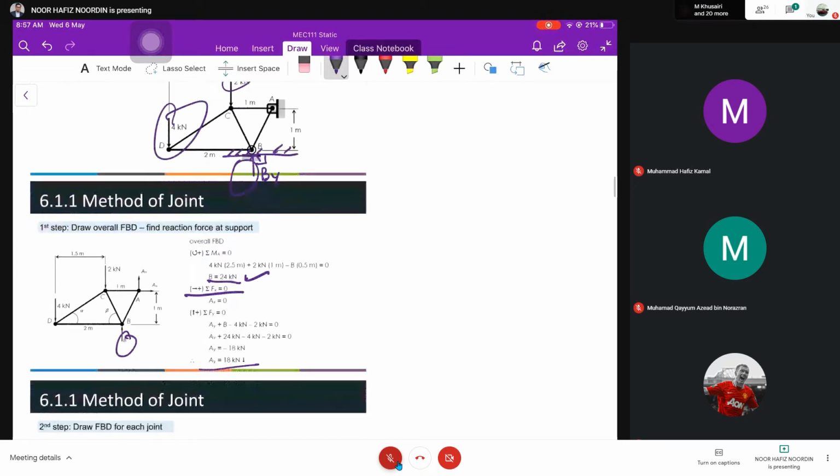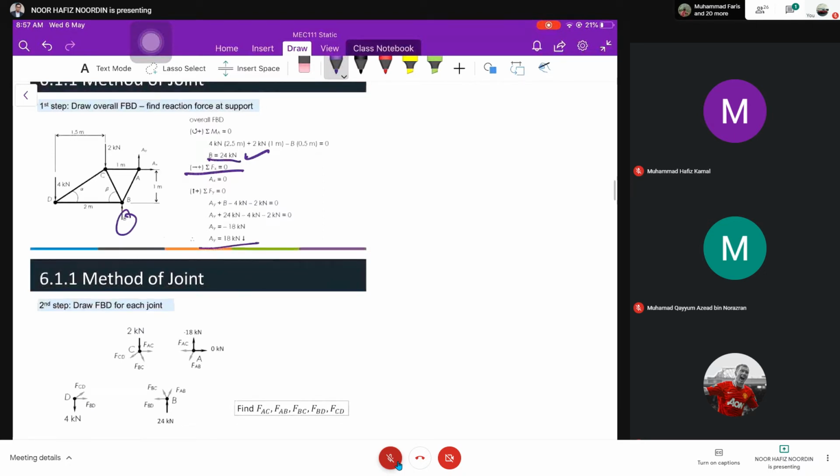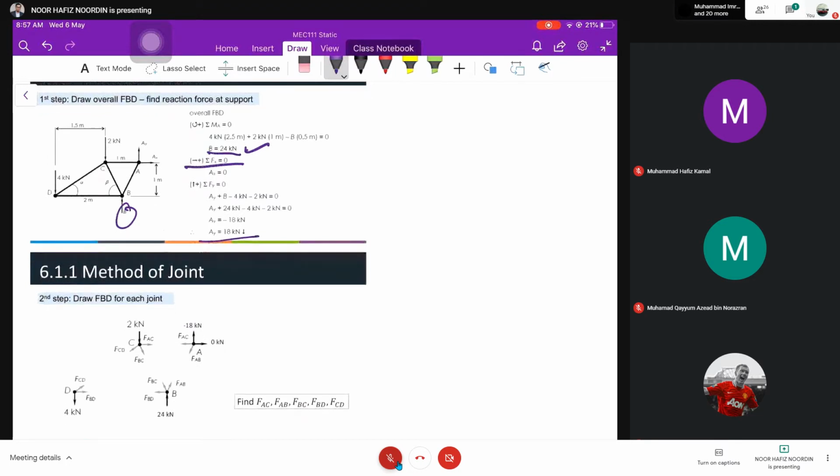Okay, and then the second step, draw free body diagram for each joint. Having got the reaction force at the support, we draw the free body diagram at the joints. Take out all the joints: we have joint D, C, A, B. As I explained earlier, all the forces at the members, or slender members, we must assume outward.